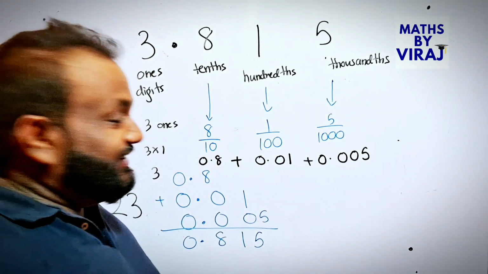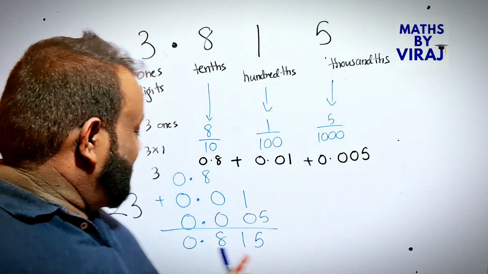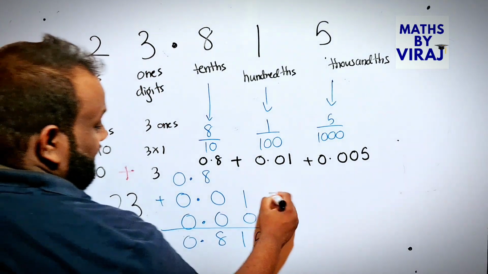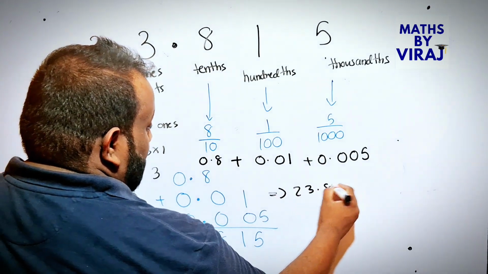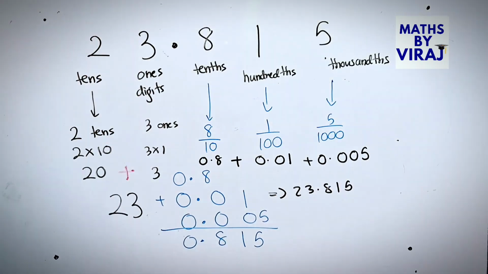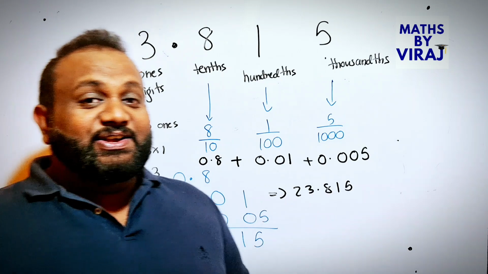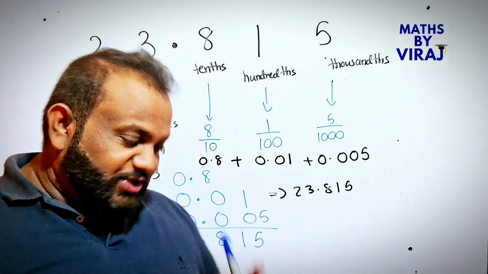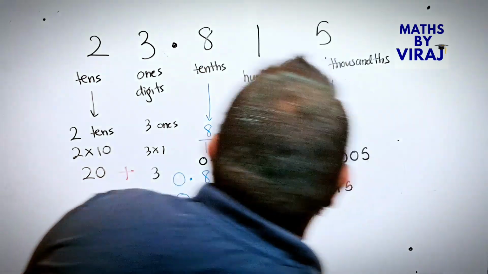Right. These added together, you get 23 plus 0.815, which is 23.815. Now, this might look like I didn't get that much, but we'll see. You will get it. Really easy, very easy.